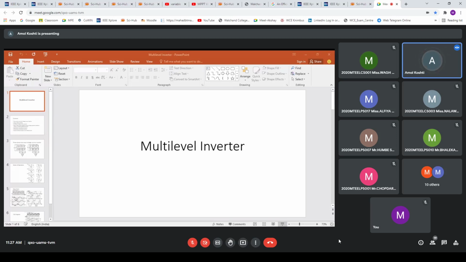In the comparison, we'll understand which is the best multi-level inverter amongst all these three types. There are other types also, but basically there are three types; the remaining types are developments of these basic types only.